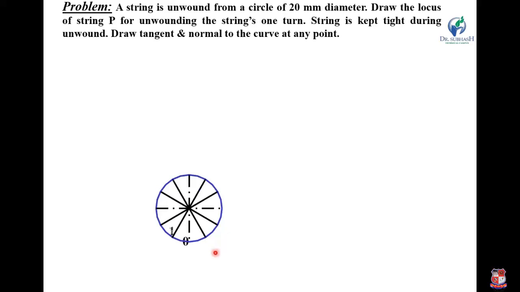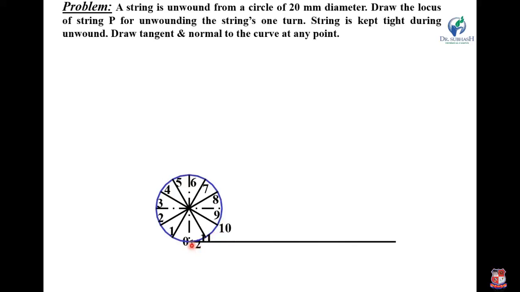First of all, you have to draw a circle of diameter 20 mm. Now divide this circle into 12 equal divisions: 0, 1, 2, 3, 4, 5, 6, 7, 8, 9, 10, 11 and 12.